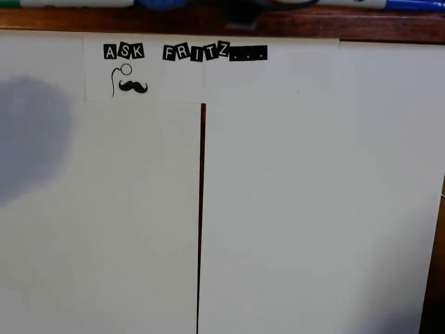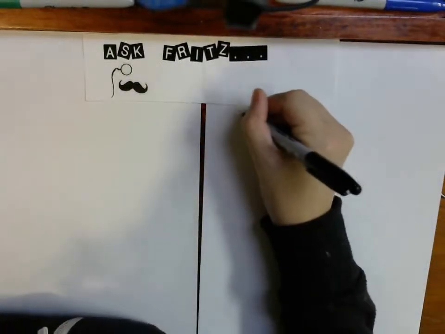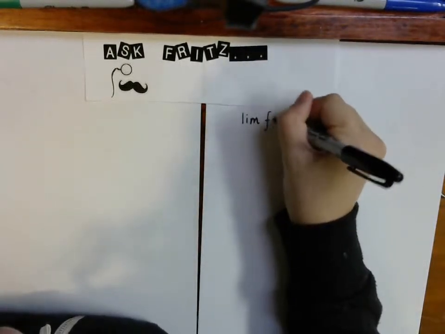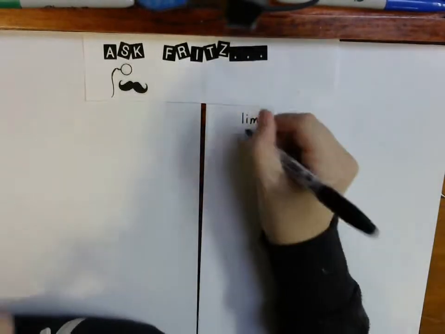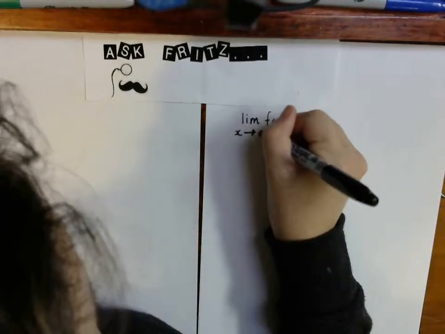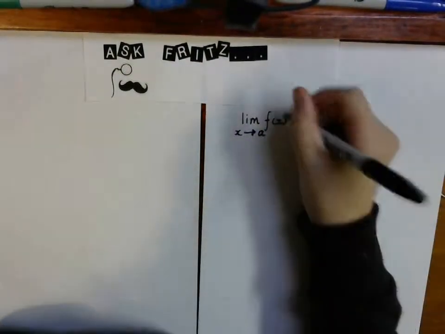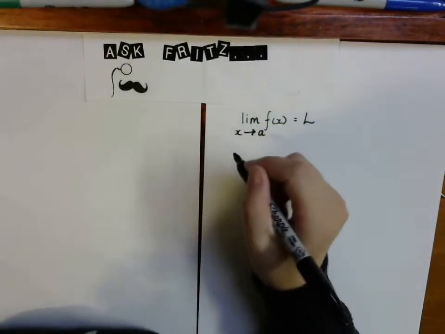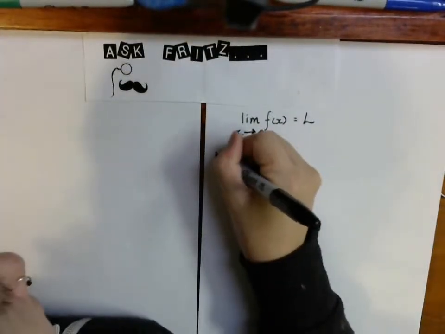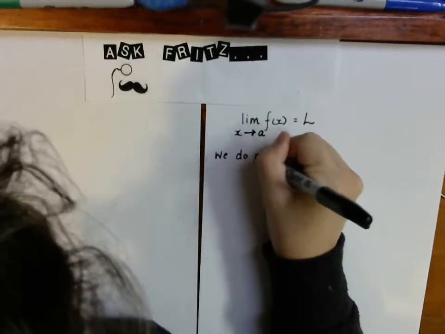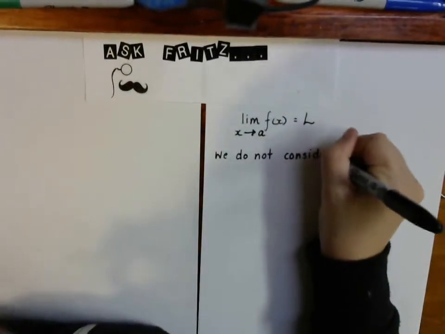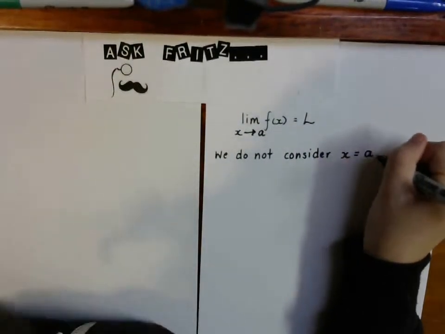So the formal way that we write this, and we have been doing so, is the limit of a function, represented here by f(x), as x approaches a or tends toward a is equal to L. So just to remind you, when we do calculate the limit of a function, we don't consider x equal to a.